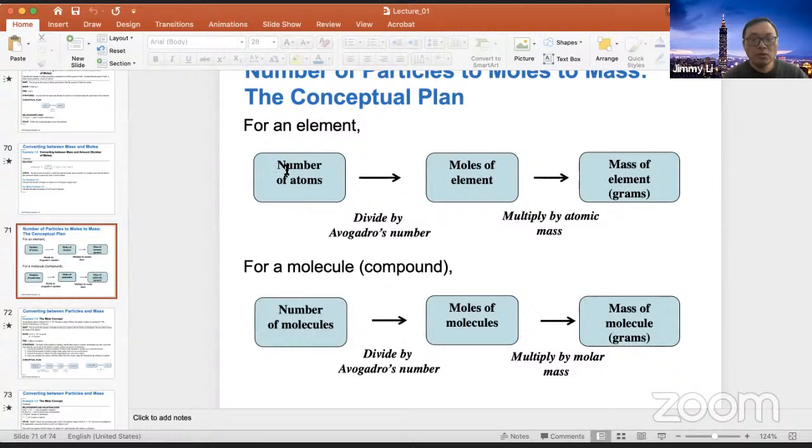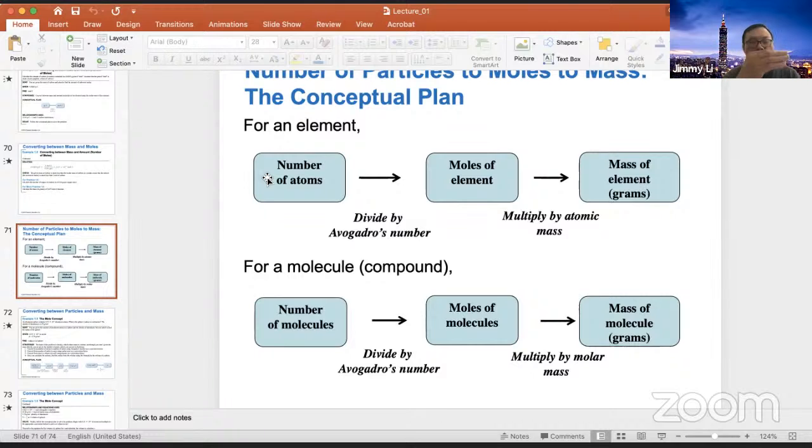All right. So again, 30 seconds on the flow chart. Whenever you're given a number of atoms, you need to use division to convert to moles. Once you have moles, you use multiplication to convert to grams. So the route is the opposite, and the conversion factor will be different in terms of sign.